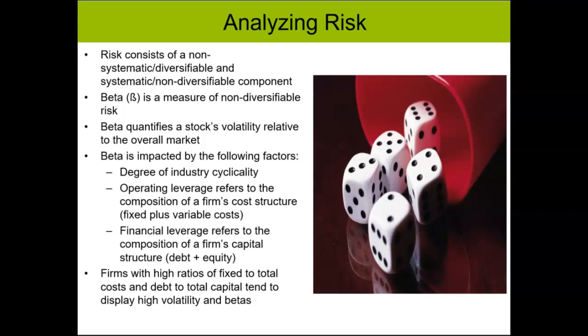Systematic or non-diversifiable risk reflects fluctuations in factors impacting all stocks, but to different degrees. Like, for example, fluctuations in interest rates, or changing inflationary expectations, and major unexpected events such as terrorist attacks and oil supply disruptions, etc.